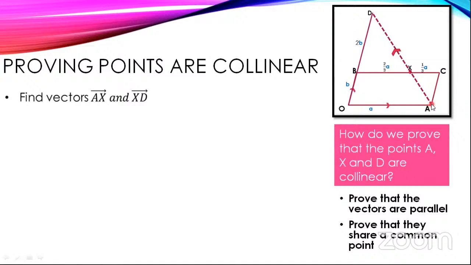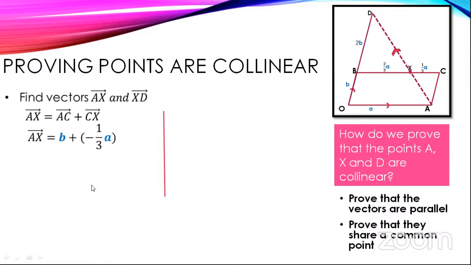We are moving from A to X. We can go from A to C and from C to X, because we know what AC is. That would be B. But if we are going from C to X, we'd be going in the opposite direction. So that becomes minus a third A. Very good. Let's see if that's what we have here, Mrs. Johnson Burrell. Yes. Let's take a quick look.